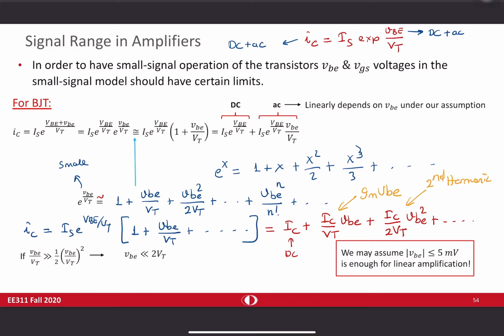So for that purpose, IC divided by VT times VBE should be much larger than IC divided by 2VT times VBE squared.